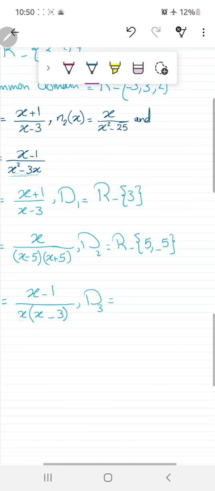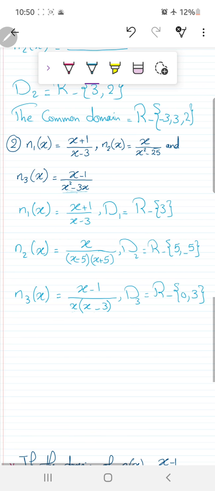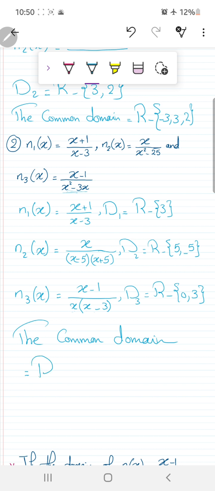So d3 equals R minus {0, 3}. Okay, the common domain between the three functions equals R minus, open braces, 3, 5, negative 5, 0. Here 3 we wrote before, don't repeat.